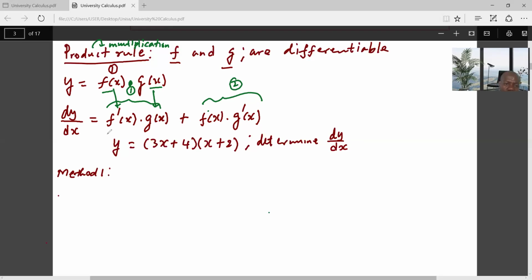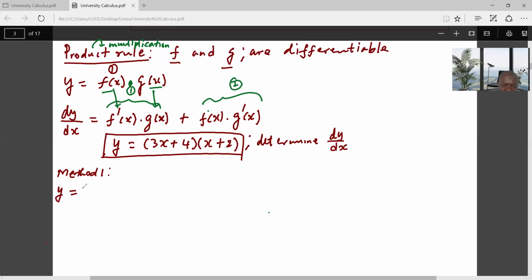If we use what you have learned in grade 12, ladies and gentlemen, step number one, you must first simplify. So in the first method, we'll have to first simplify this expression. In simplifying, we remove the brackets.